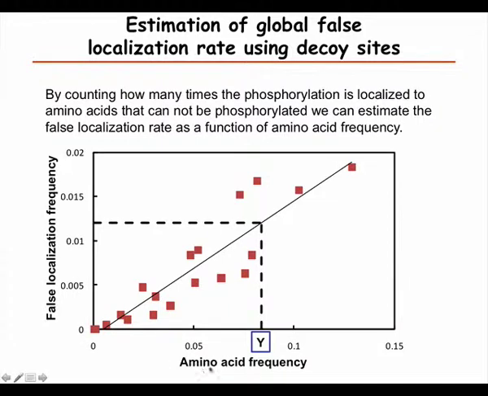But by going into this figure at the frequency of tyrosine in the data set that we have, which is much higher than the natural occurrence of tyrosine, we can read out that slightly more than 1% of our tyrosines that we've localized are incorrectly localized.